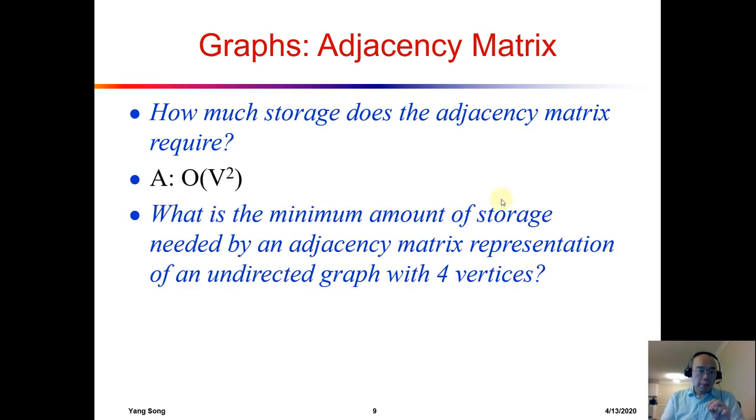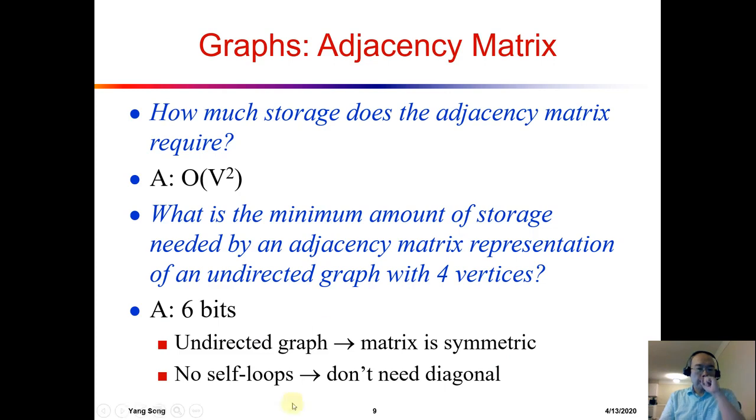Okay, so the next part, what is the minimum amount of storage needed if we just want an adjacency matrix representing an undirected graph? For an undirected graph, the edge between u and v is the same as the edge between v and u, right?